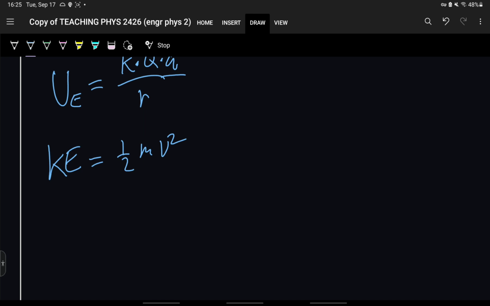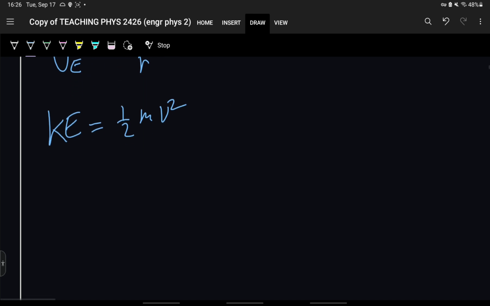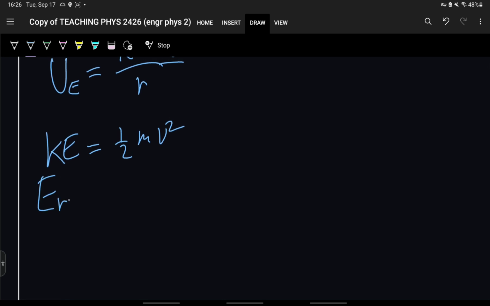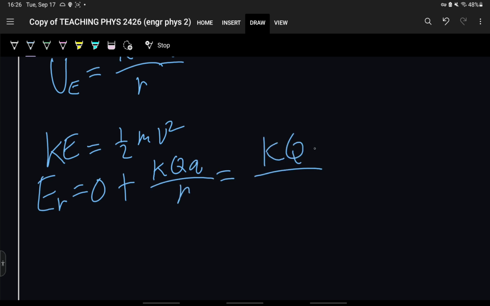At the initial separation r, the kinetic energy is 0, and the potential energy is this right here. Therefore, the total energy at the initial point is going to be E sub r is equal to 0 plus k times Q times q over r, which is equal to k times Q times q all divided by r. As the charge lowercase q moves infinitely away from uppercase Q, the electrostatic potential energy approaches 0 as r goes to infinity.